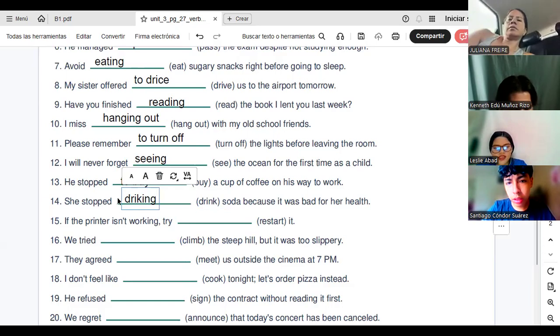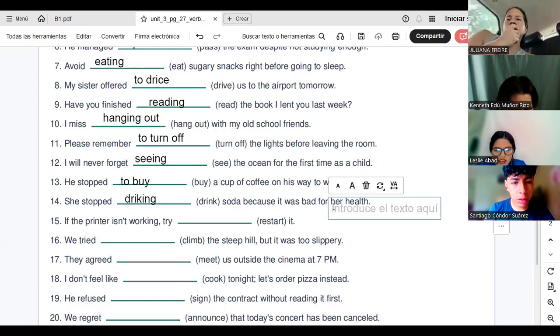Recuerden que con el ing es porque no lo vuelve a hacer. O sea, lo dejó de hacer. Dejó de beber soda porque es malo para su salud. Ok, well done.